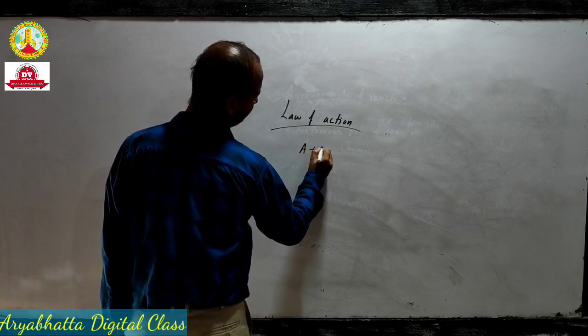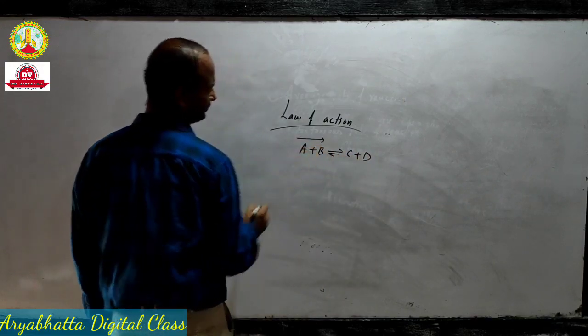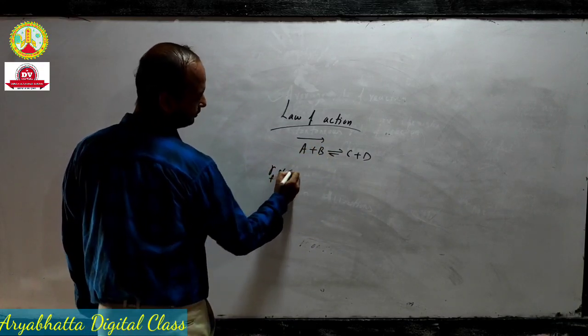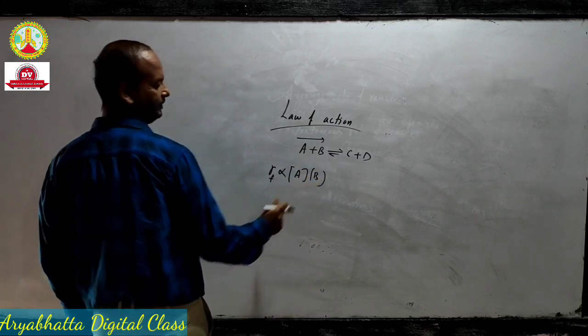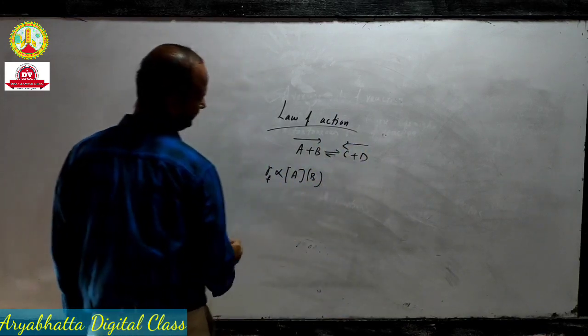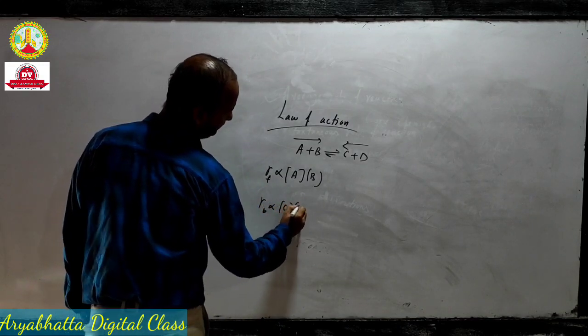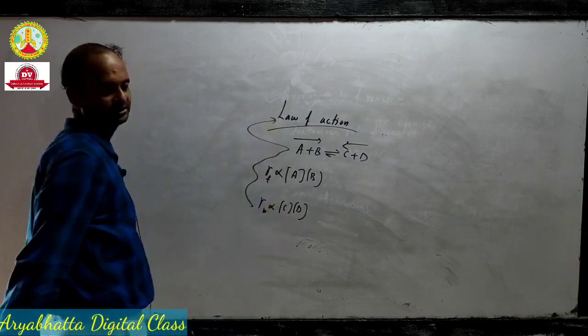For this reversible reaction A plus B gives C plus D, this is forward reaction. Okay, this is what, RF, rate of forward reaction, is directly proportional to the concentration of A into B. This is the reverse reaction, means backward reaction. This will be RB, directly proportional to C into D.